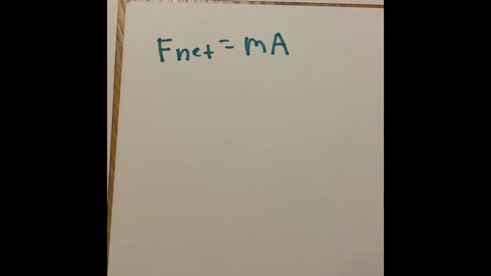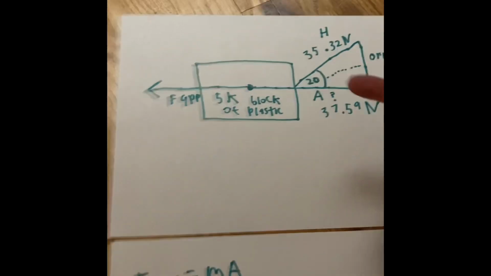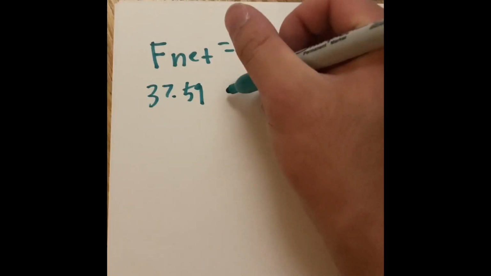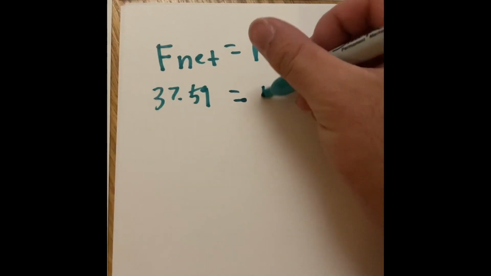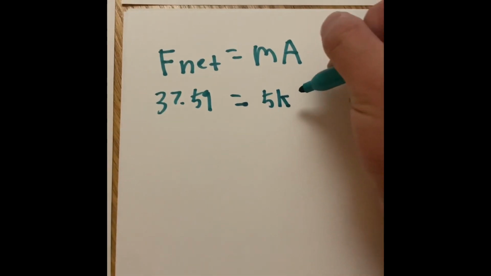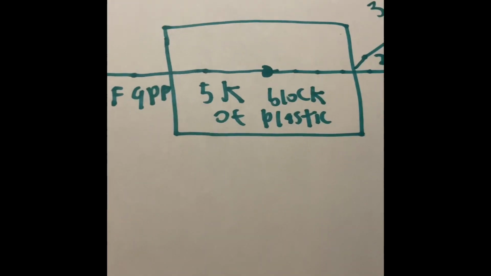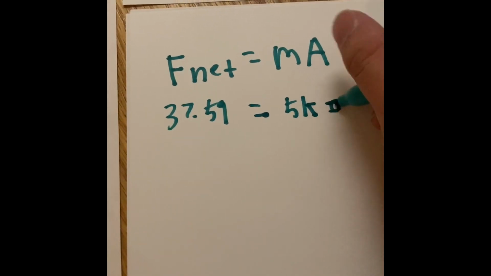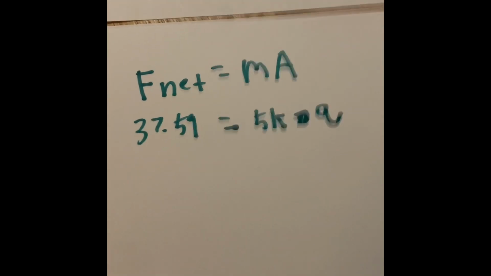So our F net horizontally is going to be 37.59. That is the amount of force going this way, horizontally. We equal that to 5 kilograms, the mass of the plastic block, times A, our acceleration.